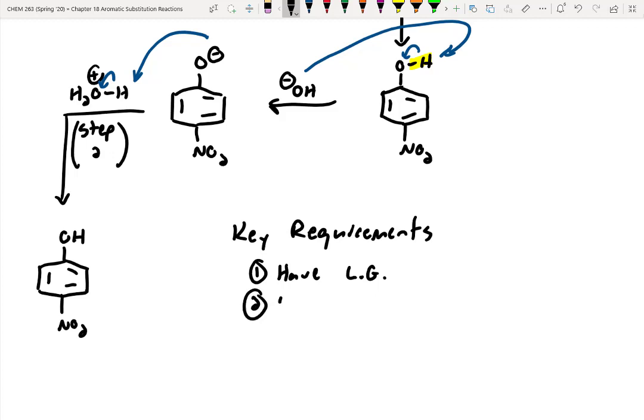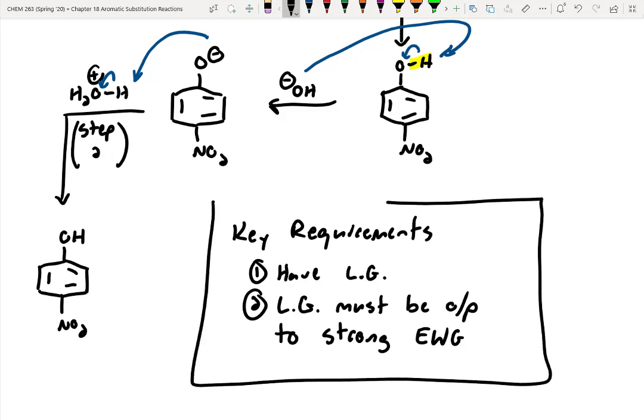Number 2 is your leaving group must be ortho or para to a strong electron withdrawing group. In fact, it can be more than one electron withdrawing group, and that's more favorable. We could have had even some more nitro groups on this ring that would have driven this reaction to occur faster. So these are the key requirements anytime you're doing a nucleophilic aromatic substitution reaction.